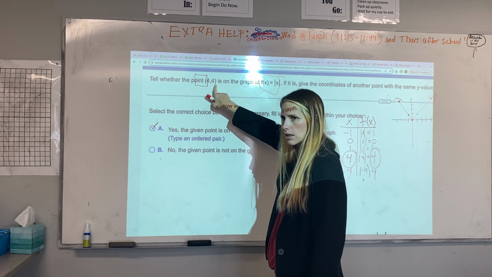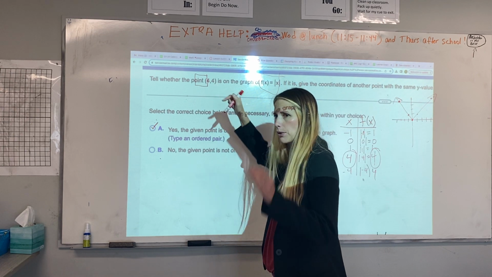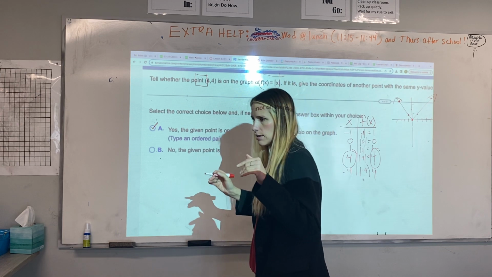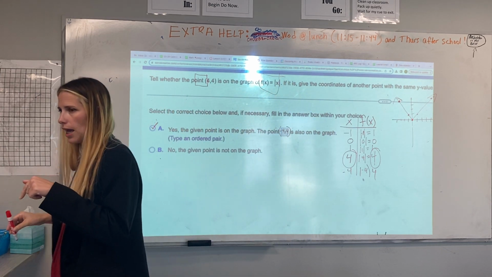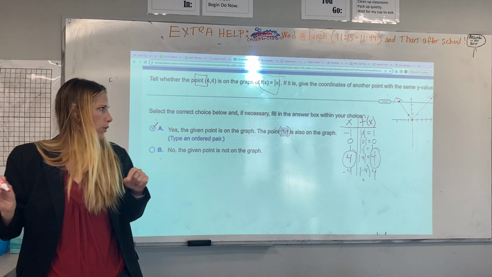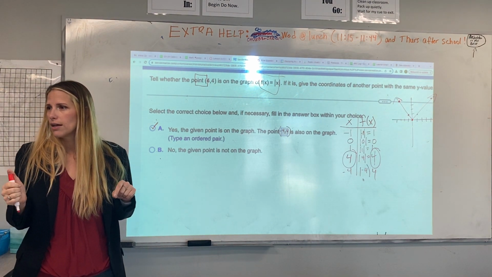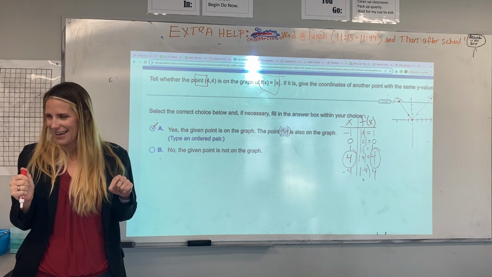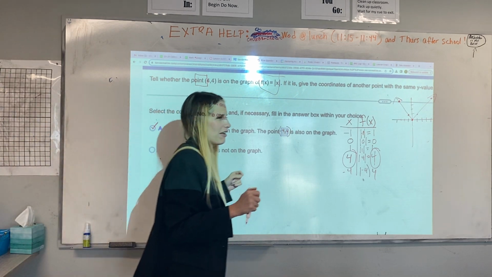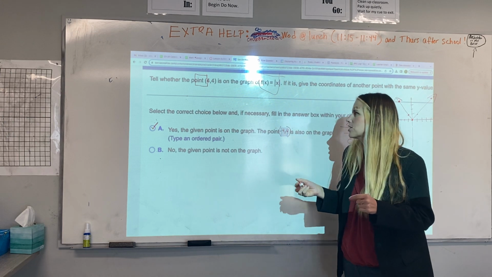Did you put parentheses? Yeah, put parentheses. Did you do (4, -4)? I mean, I'm sorry, did you do (-4, 4)? Emily, do you have the same numbers? Nope. If you have different numbers, you have to go according to your numbers.